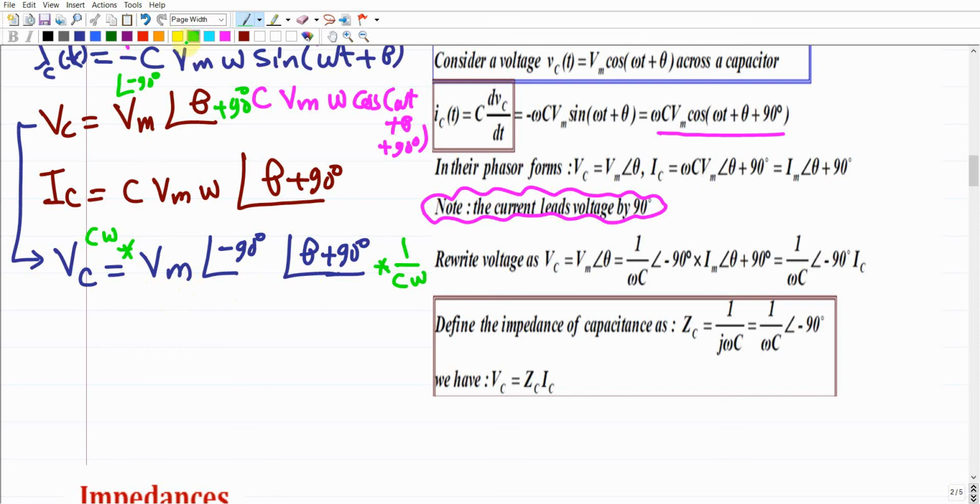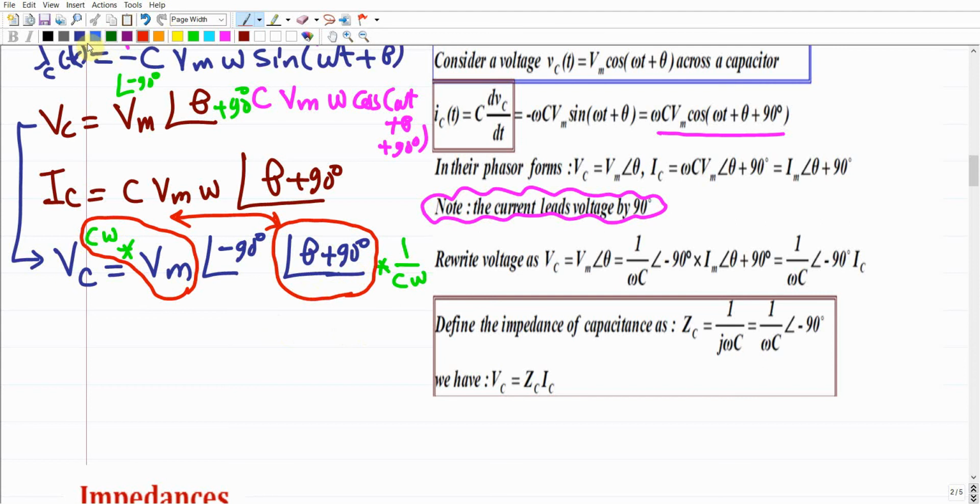So this term, as you can see, this angle with this magnitude, should give us IC, right? According to this equation, these two terms together form the IC, which is C omega Vm. The angle is theta plus 90, right?